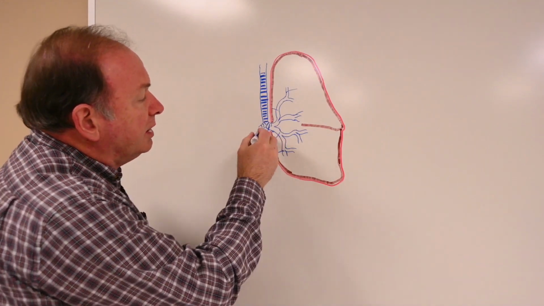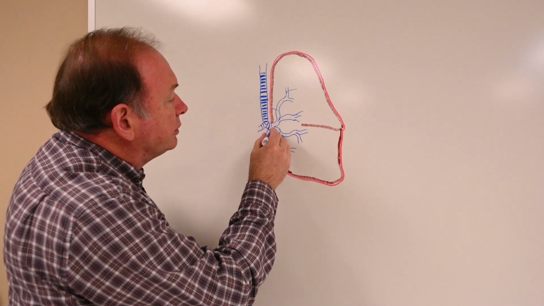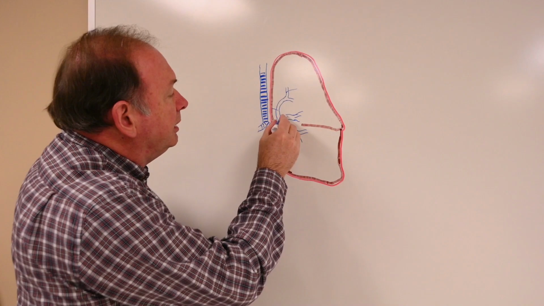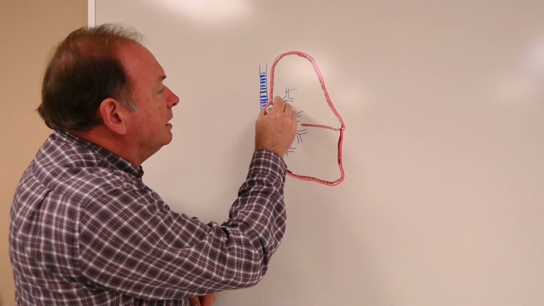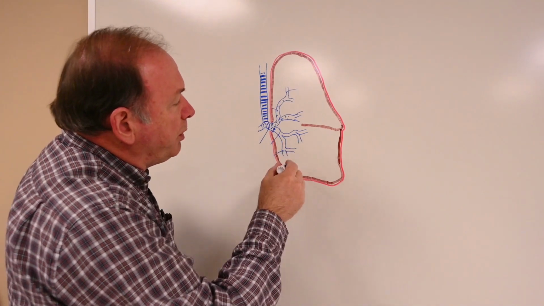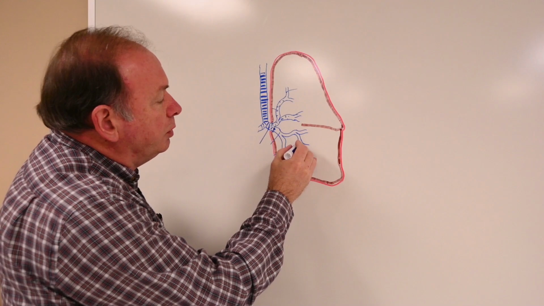So the cartilage, rather than forming rings like it does up here in the trachea, starts to form little partial rings in the primary bronchus, and then more like little plates around the outside of the secondary and tertiary bronchial branches.